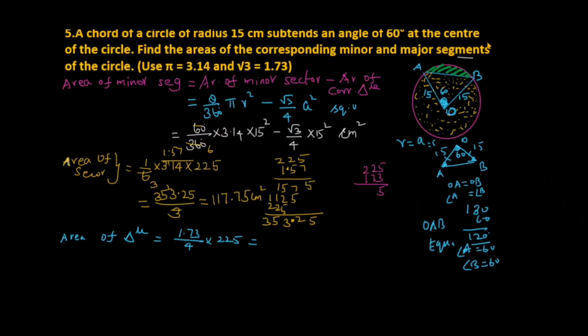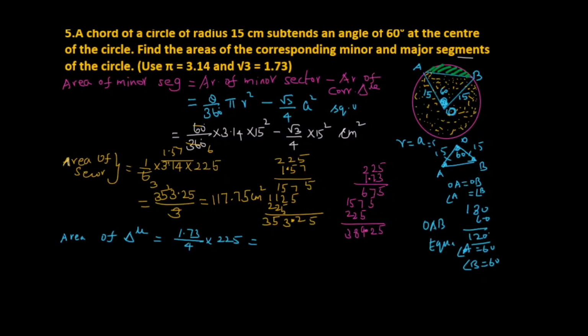Multiplying, we get 38925. Here also, after 2 digits we need to keep a dot.